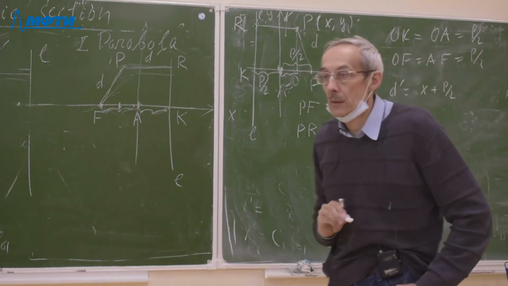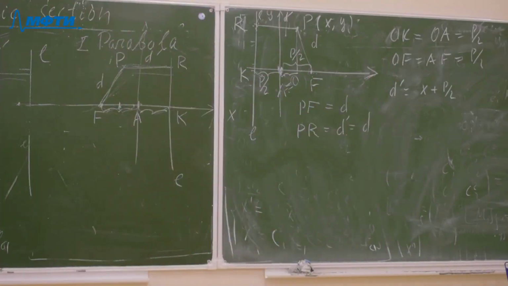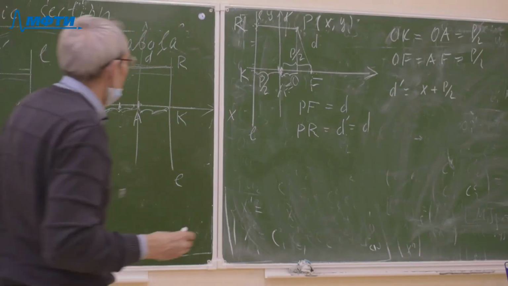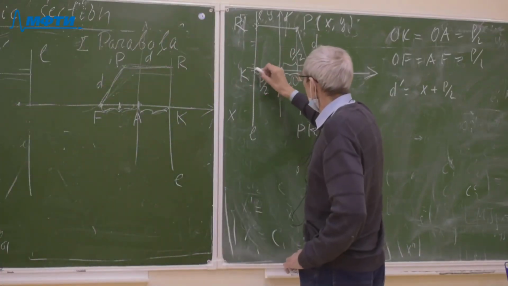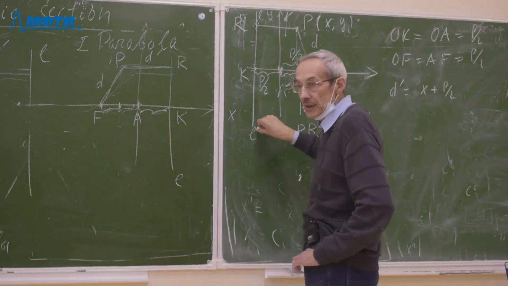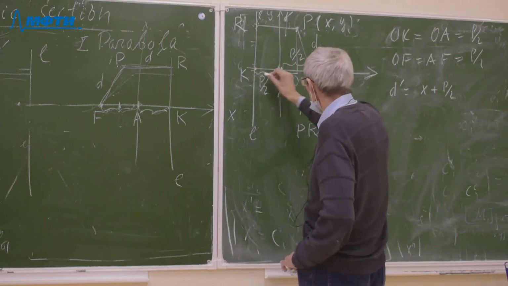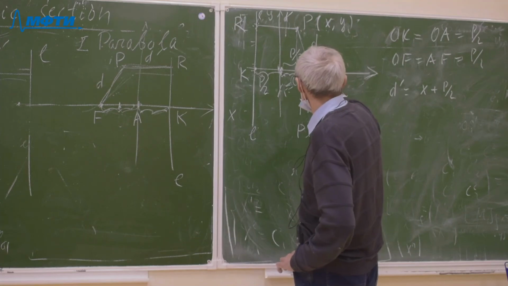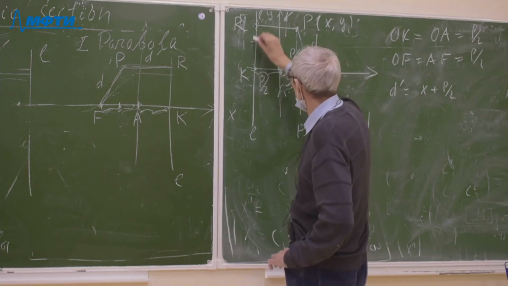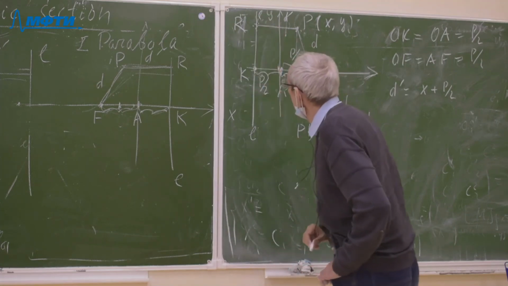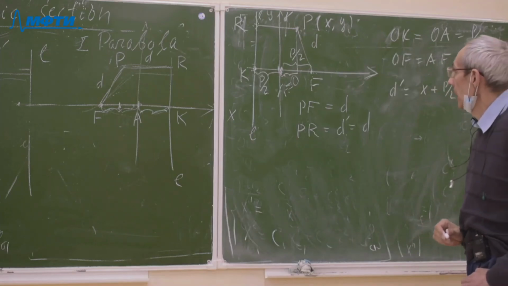In the first line, you wanted to write OK is equal to KA, right? K is the point of intersection of the perpendicular which passes from F to the fixed straight line and the straight line. K is a point of intersection.